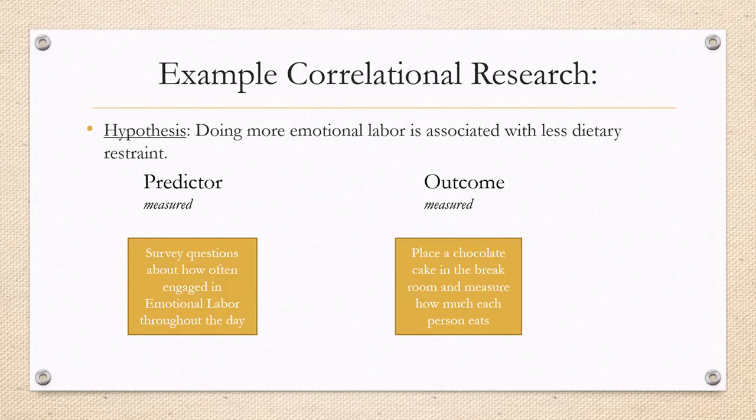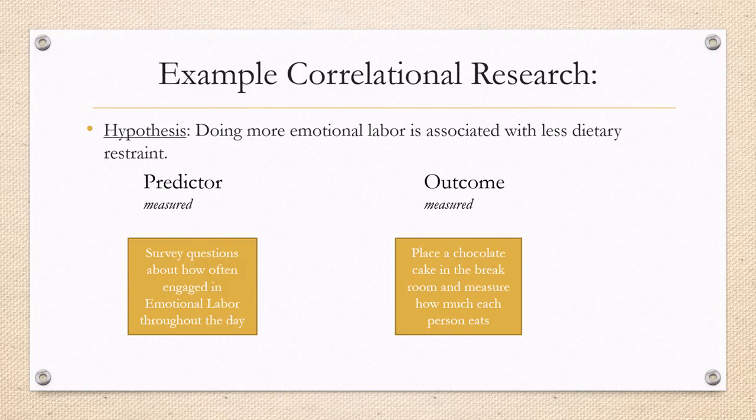So if we continue with our hypothesis about emotional labor and dietary restraint, we would have to reword our hypothesis statement to say something like this: doing more emotional labor is associated with less dietary constraint. Now we have our predictor, which is something that already occurs, and we just measure it as it occurs. In this case, we may ask questions about how often an employee engaged in emotional labor throughout a given day.